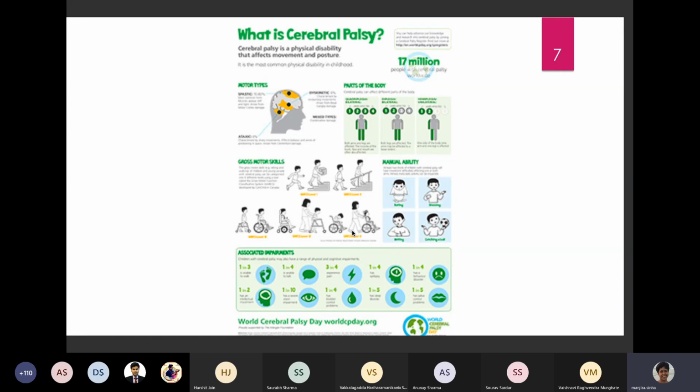And the fifth is the most severe form of cerebral palsy, generally associated with spasticity and quadriplegia. See in this picture, the head is down not because the person is sleeping or dozing off. It is because it affects the spine and the other muscles, so the person cannot sit with the head up straight.